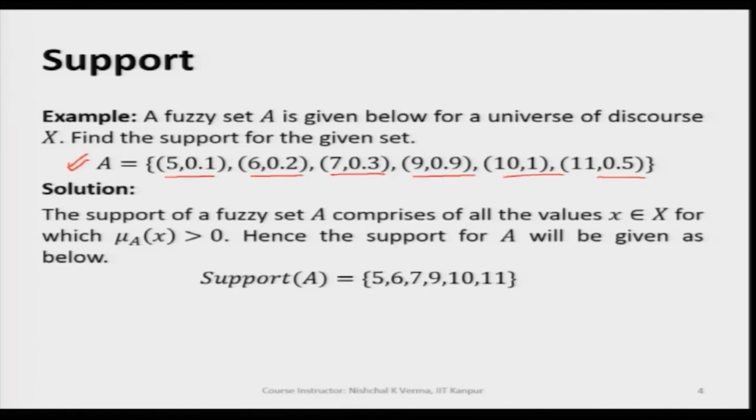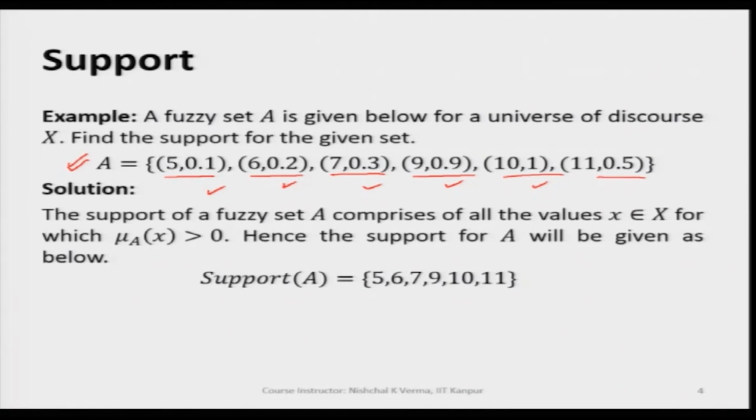We can clearly see here all the 6 points, first, second, third, fourth, fifth, sixth, have their corresponding membership values greater than 0.